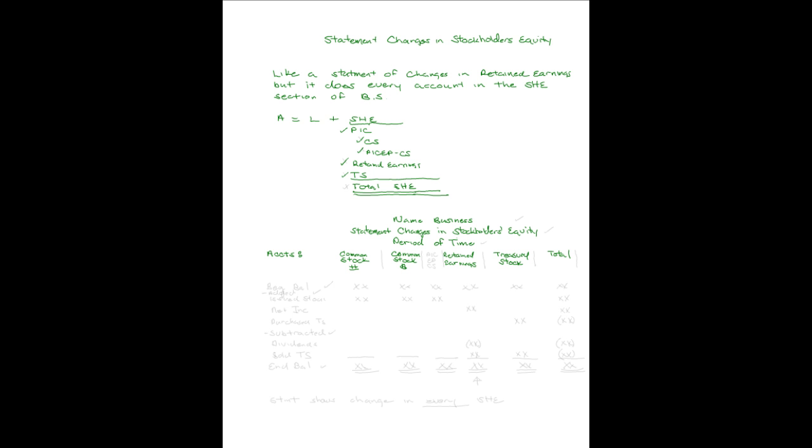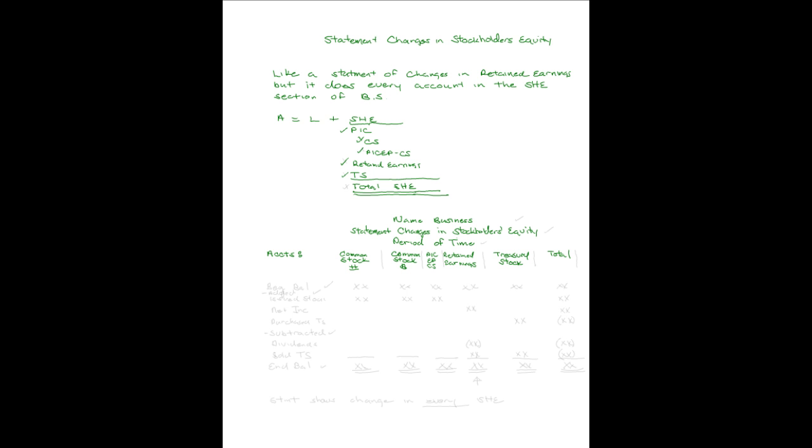I'm going to do the statement of changes in stockholders' equity by listing every one of the accounts and the number of stock involved, too. And I'm going to list it across my statement. So I have my common stock in number, and then in amount, and then paid-in capital in excess of par on common stock.